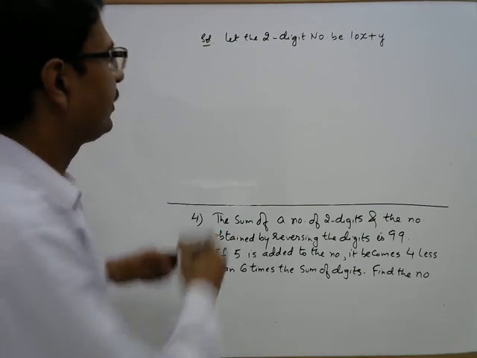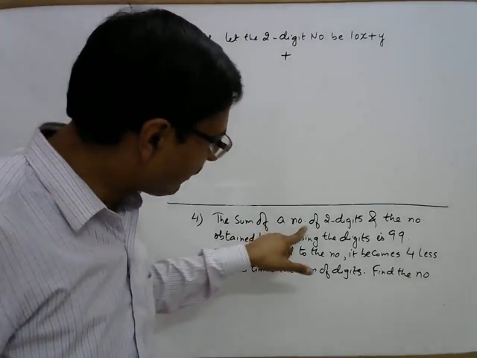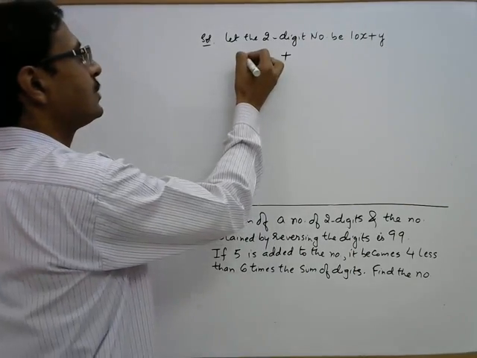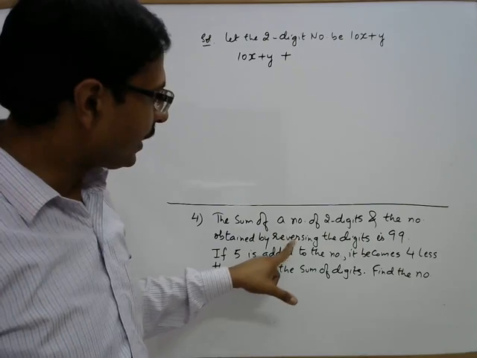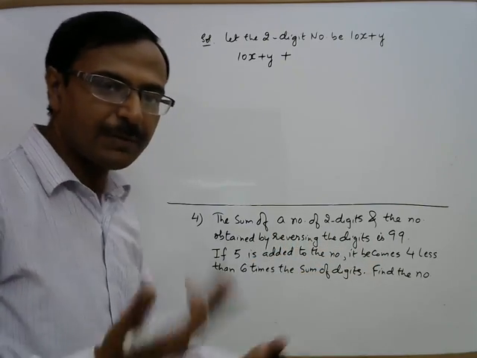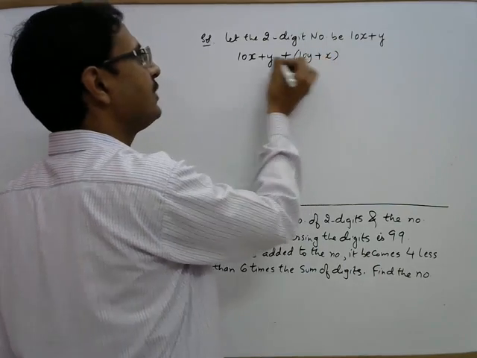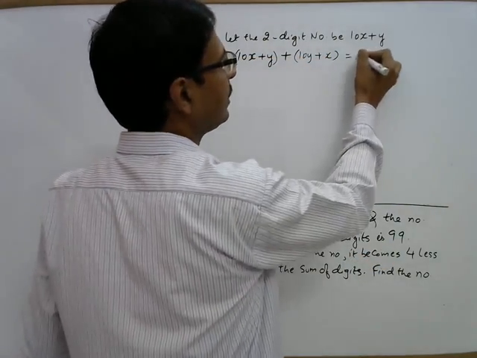The sum of, see we have the sum of, so we have to add something. A number of two digits, what is the number of two digits? 10x plus y. So this is one thing. And the number obtained by reversing the digits is 10y plus x. So we are adding these two numbers and the result is 99.